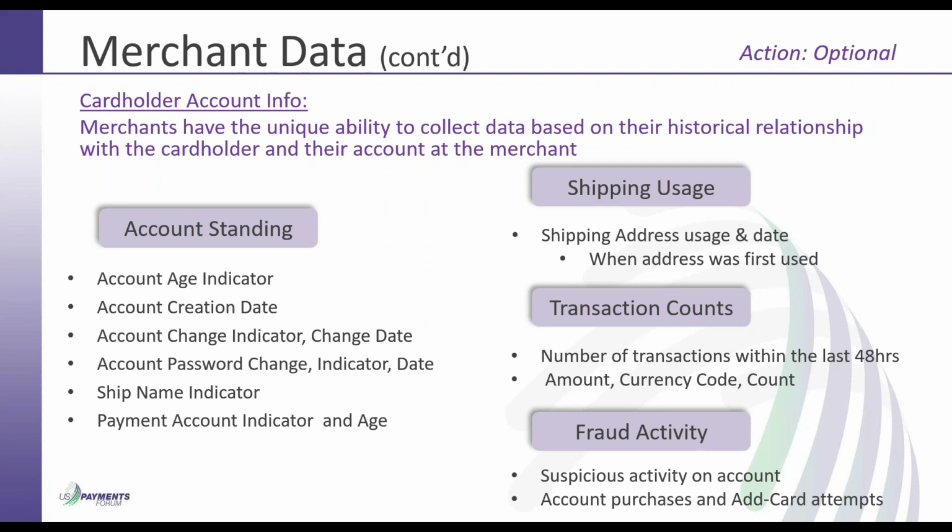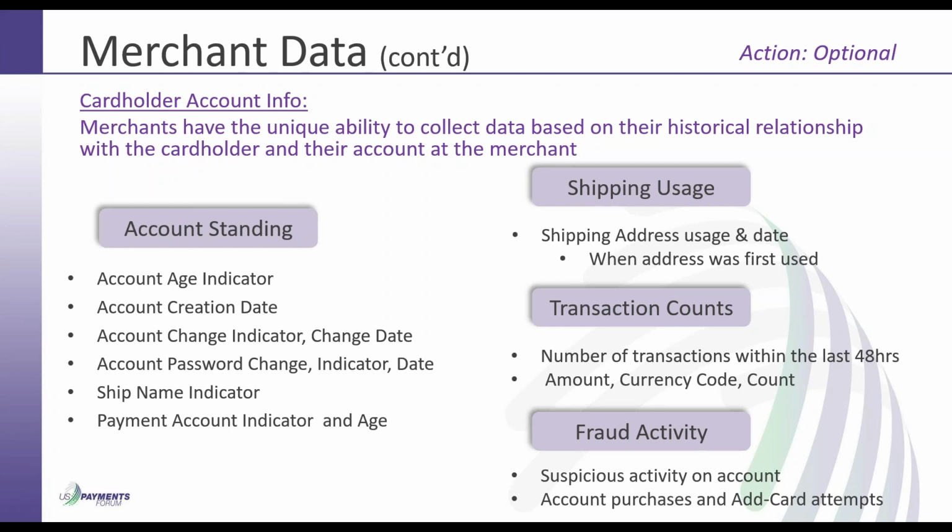Lastly, there's fraud activity. So if there's any suspicious activity on the account, the merchant can pass yes or no. They could even pass this information on the request and also request to step up or request to challenge.